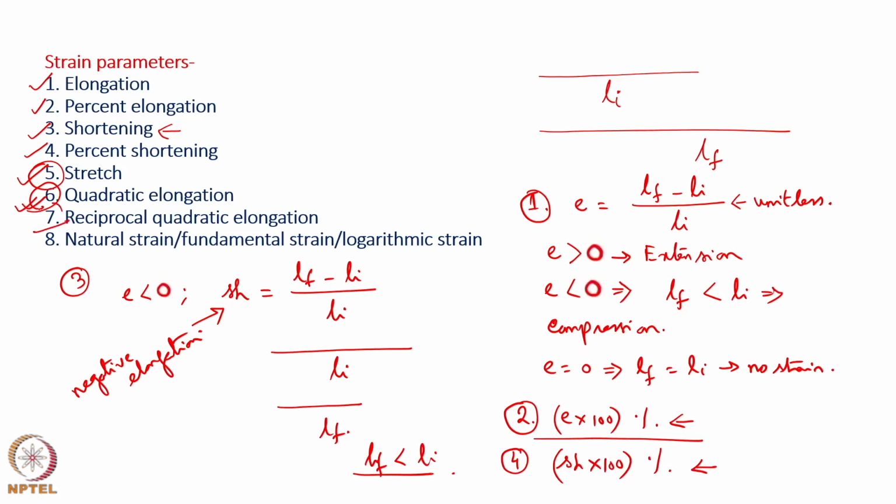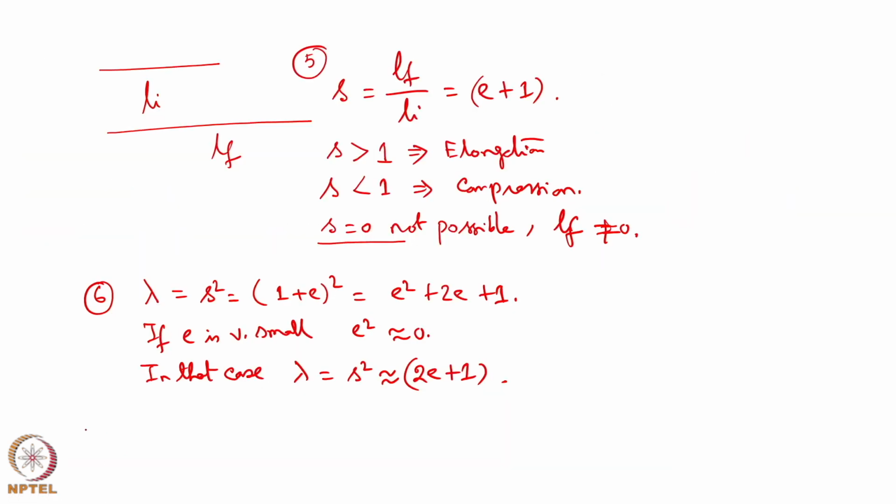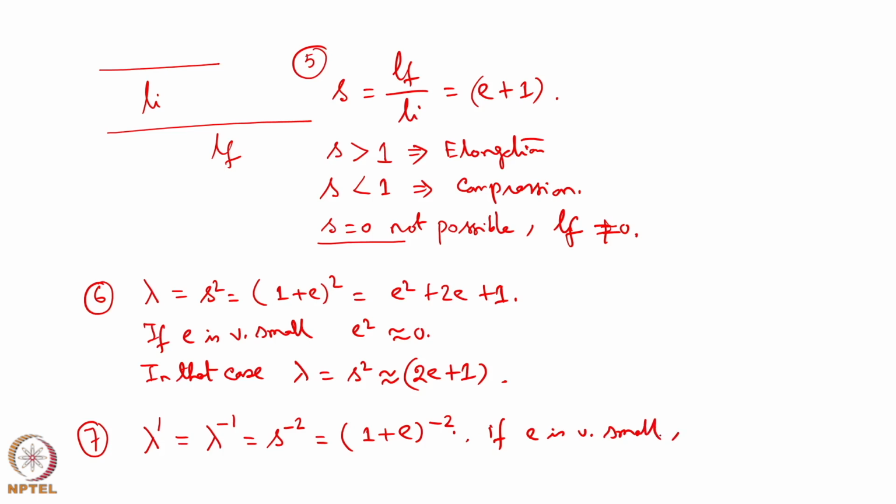Let us look at the reciprocal quadratic elongation. Lambda dash, reciprocal quadratic elongation, is inverse of lambda, which would be same as S to the power minus 2, which would be same as 1 plus e to the power minus 2, and if e is very small, then lambda dash is nearly equal to 2e plus 1 to the power minus 1.